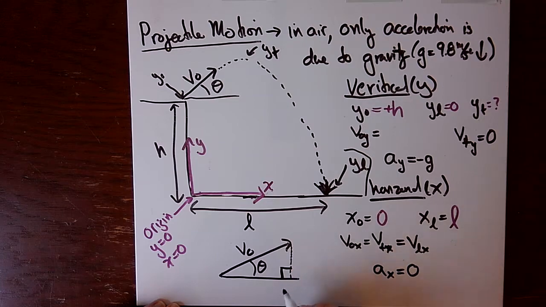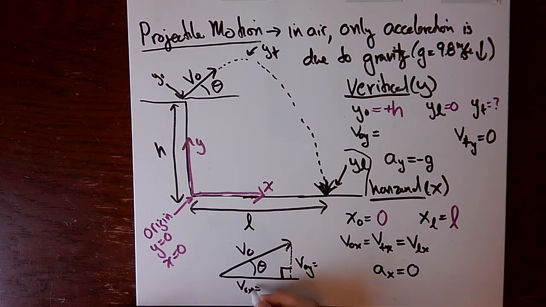Something to notice is the right angle is always opposite the actual full velocity vector, because when you're dividing a vector up into components, that magnitude is always the hypotenuse. Then this here is going to be the x component of velocity, and this here is going to be the y component of that initial velocity.